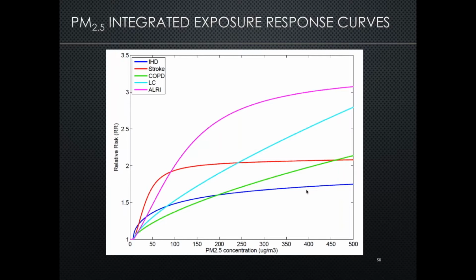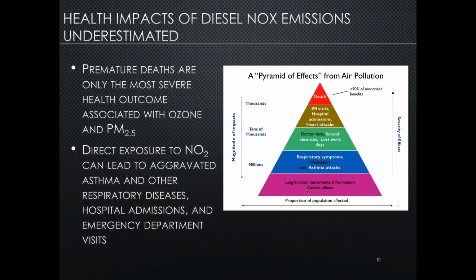And that's driven largely by the cardiovascular curves, which flatten at high concentrations. So in the US and Europe, which are relatively clean atmospheres relative to some of the other places around the world which have very high pollution levels, the sensitivity of the populations to PM2.5 is higher at those lower concentrations. Next slide, please.